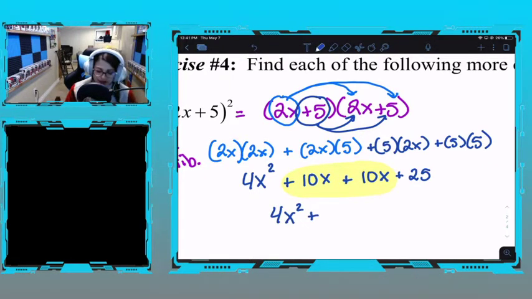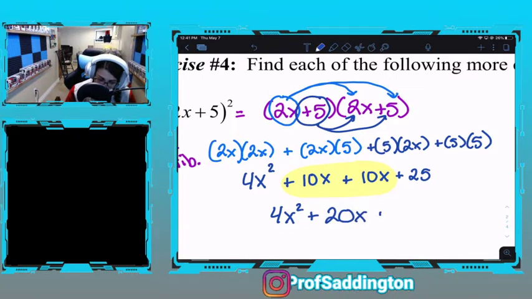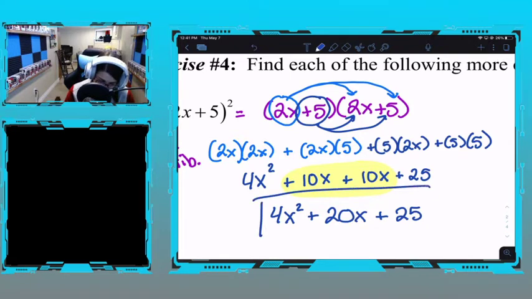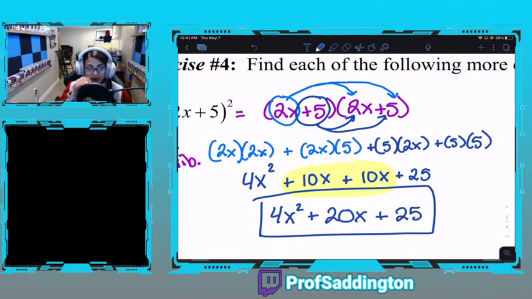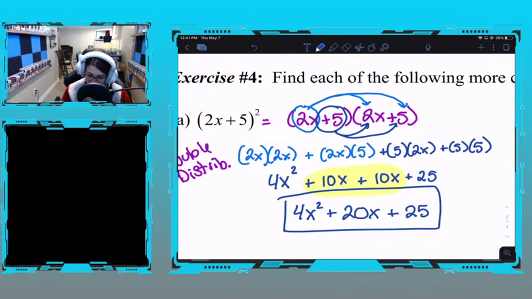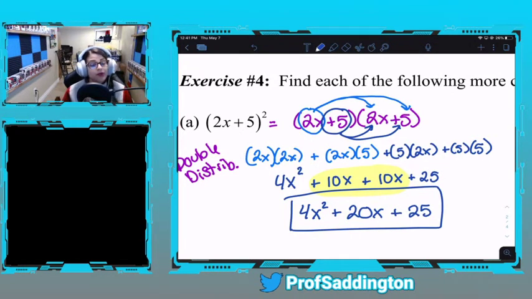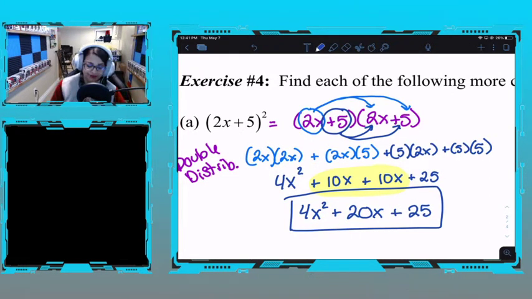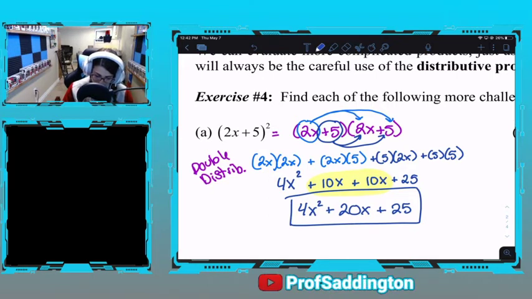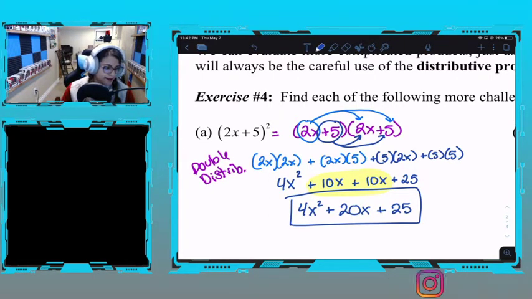So I have 4x squared plus 20x plus 25 for my final answer. So again, that was the double distributing method because we are distributing twice.